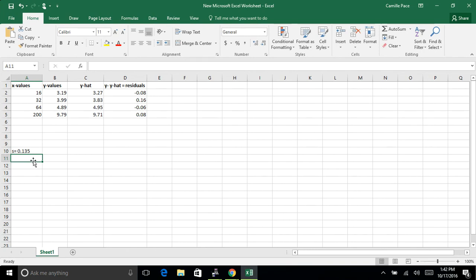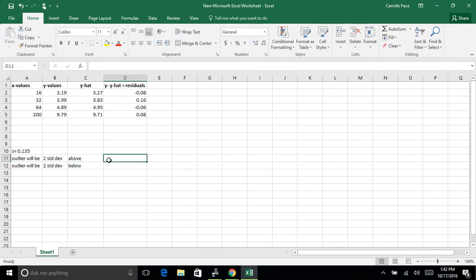Now I need to see whether there's an outlier. An outlier will be 2 standard deviations above or 2 standard deviations below.